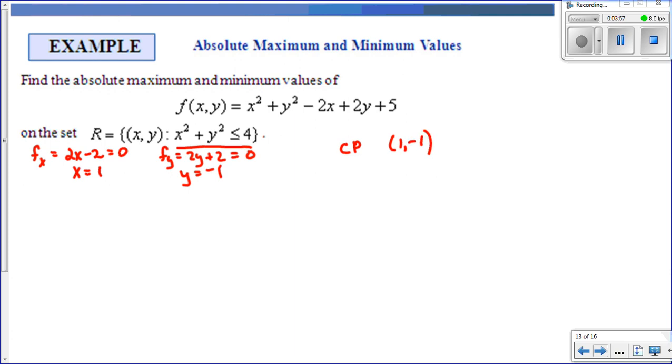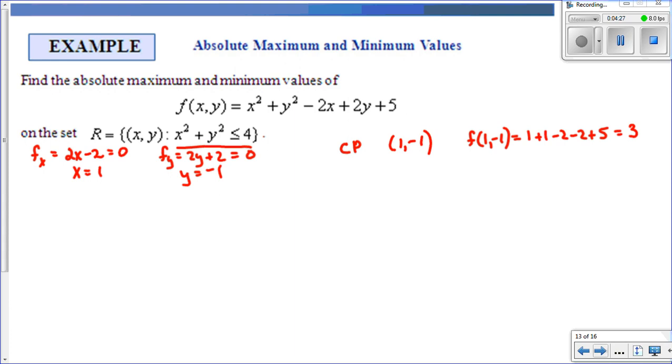And the function value at that point is 1 plus 1 minus 2 plus 5, which is 3. So that's the z value at the point (1, -1). Okay, so now we've got the critical points and we found our local maximum or minimum inside the set.